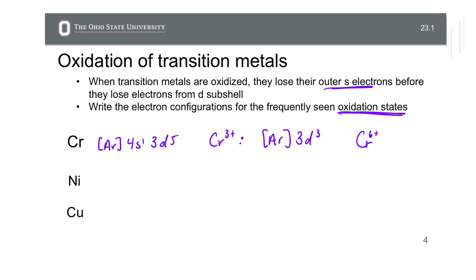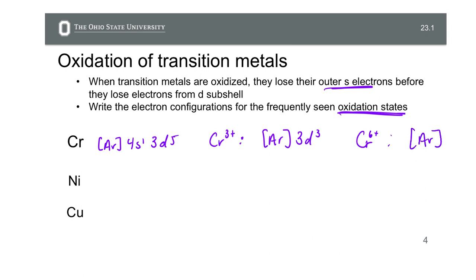So you'll notice compared to this electron configuration where there are 6 electrons in the valence shell, if we lose 6, we're essentially left with just argon in brackets. So typically what we see with oxidation states is that they correspond with the formation of some sort of stable electron configuration, based on the number of outer valence electrons lost.